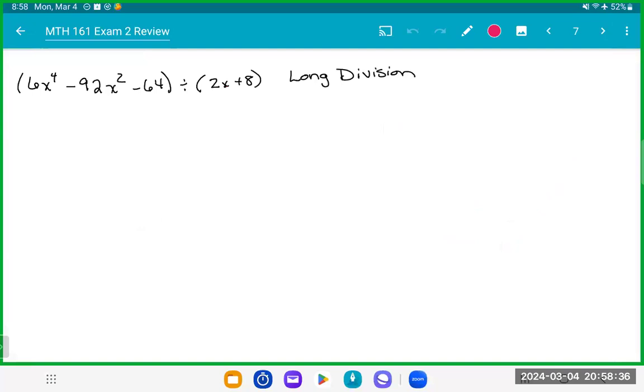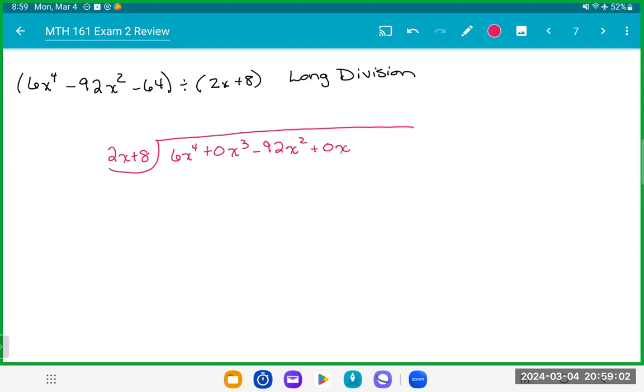Okay? Long division. So there will be a problem. It'll say you must do long division for this. So to set this up, it would be 2x + 8 divided by, this has to be in descending order, but you see we're missing some. So this is 6x^4 + 0x^3 - 92x^2 + 0x - 64.